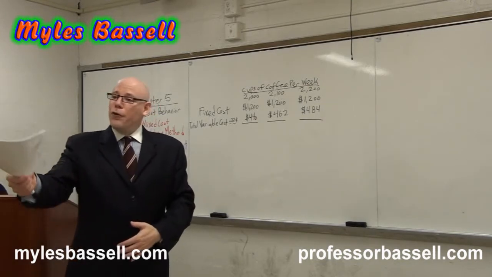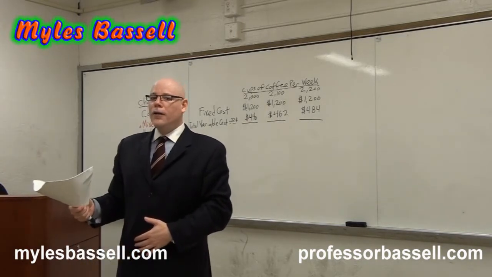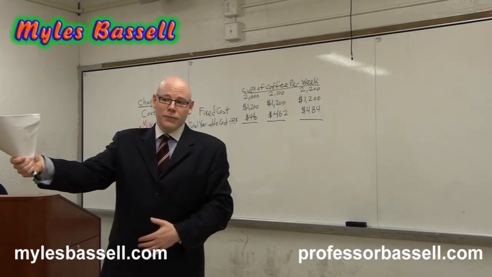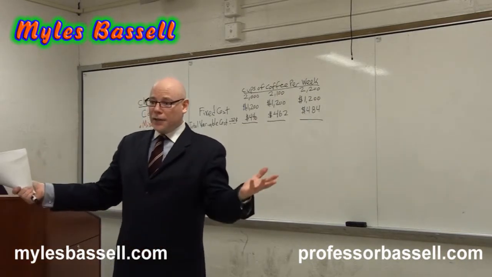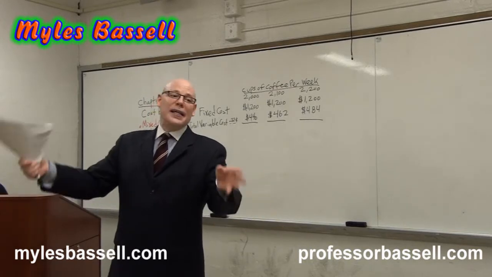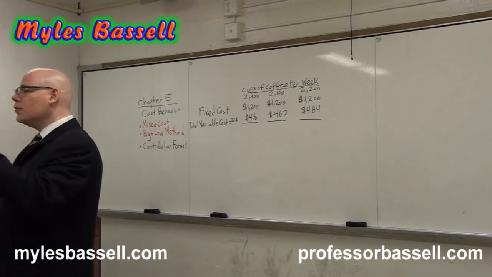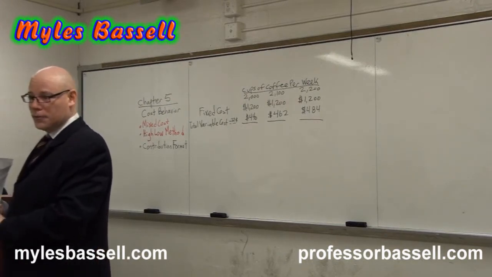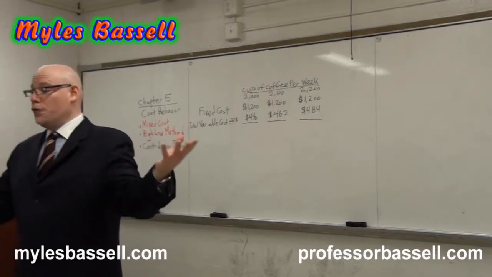Or if we're going to make now 30 million units, well, our rent might actually increase. Why? Because we might need a bigger facility. So we might keep the existing facility, but now maybe we have to rent additional warehouse space. So normally we think, well, we have this huge warehouse, that's a fixed cost.